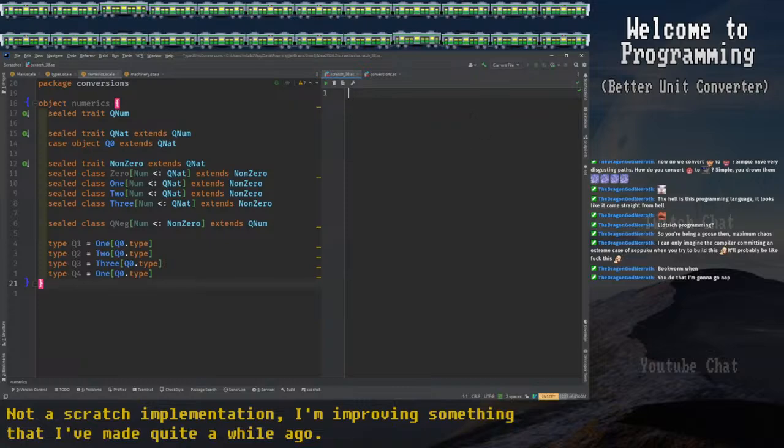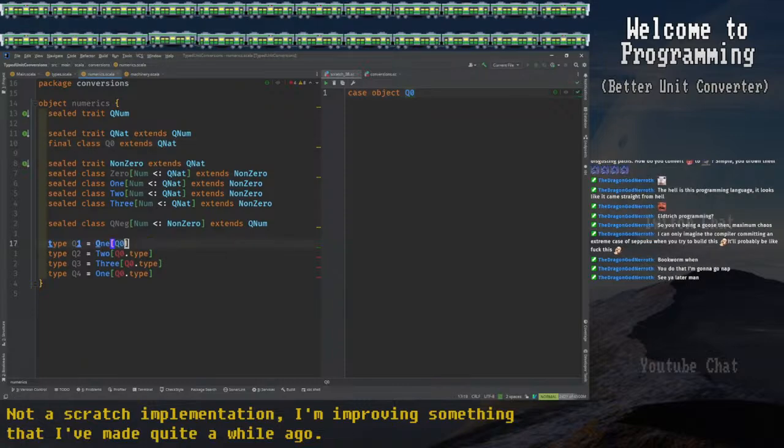Okay, so I now have to make a case object Q0. In fact, I don't even need a case object anymore. I can just make this a class and just make it final. Okay, this will take a second.